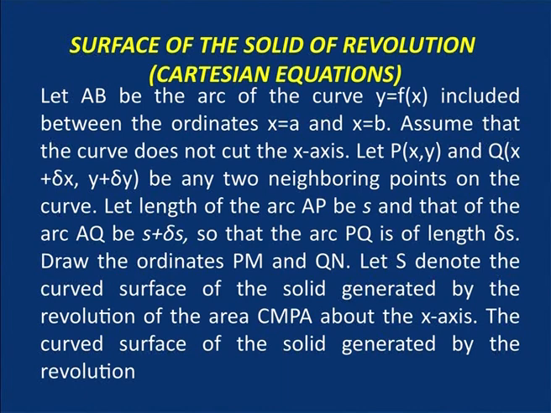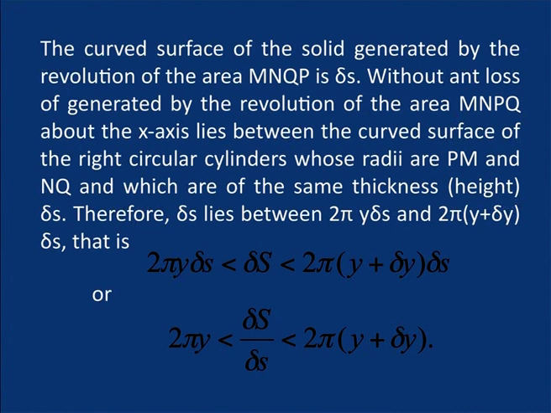The curved surface of the solid generated by the revolution of the area MNQP is delta S. Without any loss of generality, the surface generated by the revolution of the area MNPQ about x axis lies between the curved surfaces of the right circular cylinders whose radii are PM and QN and which are of the same thickness delta s.